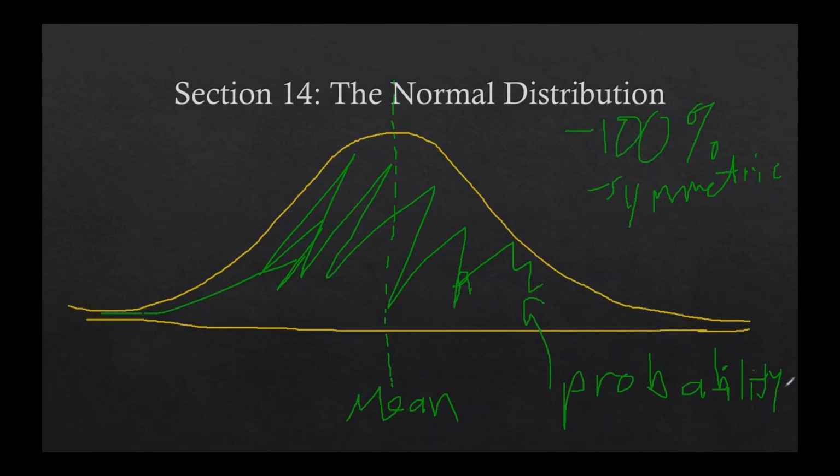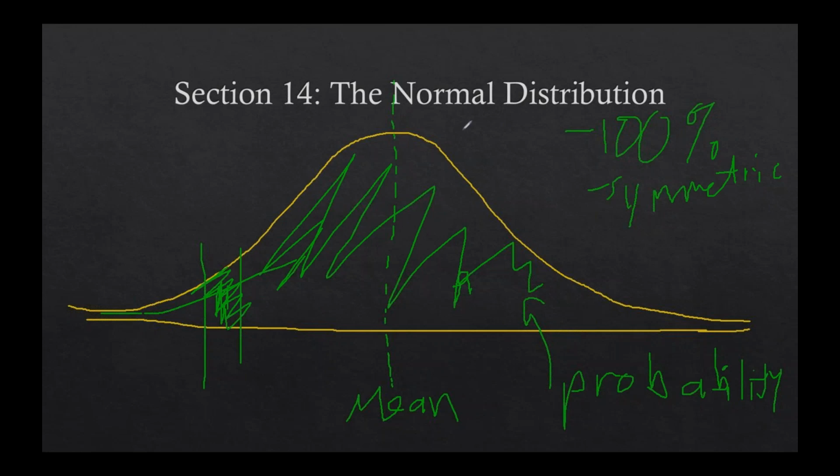And if you think about it, if all of the data underneath there is 100%, then if I just find this piece, well, that would be part of the whole, which is a ratio, which can be written as a probability. So that's going to be the mindset through the next two sections: probability, proportions, percents, I call them the 3 Ps, they're all meaning the same thing, which is the area under the curve.